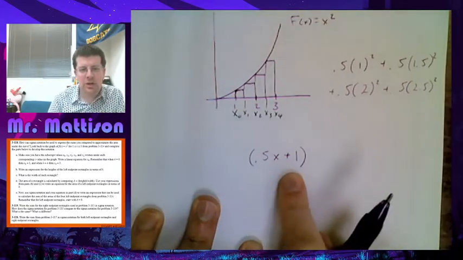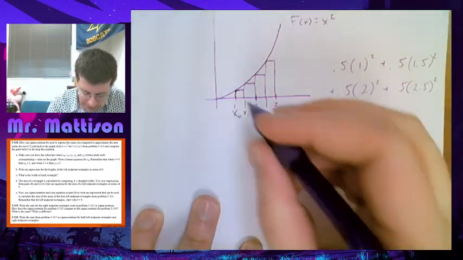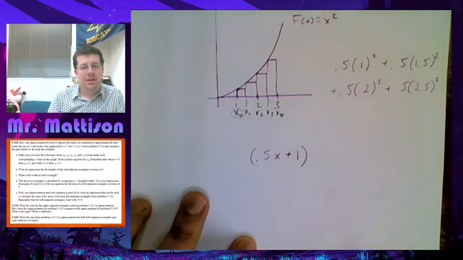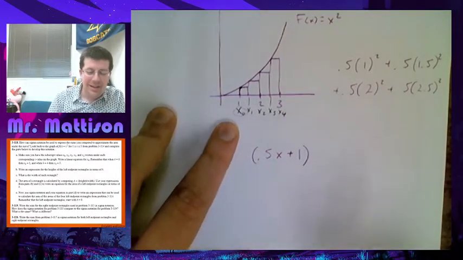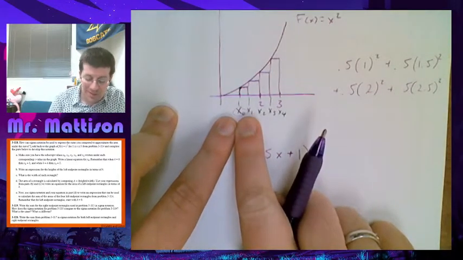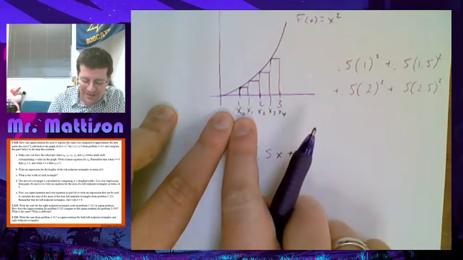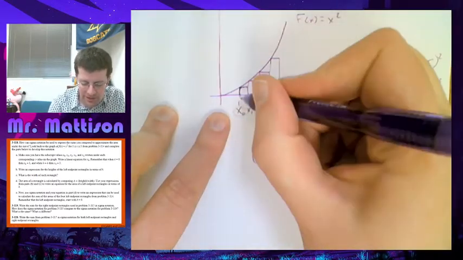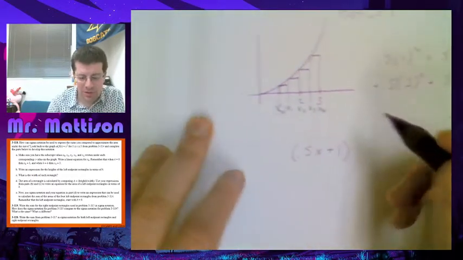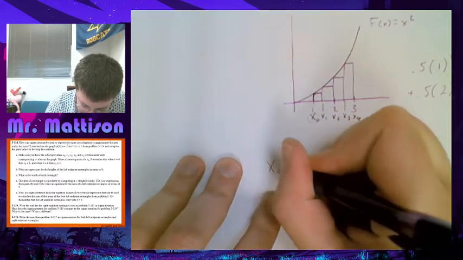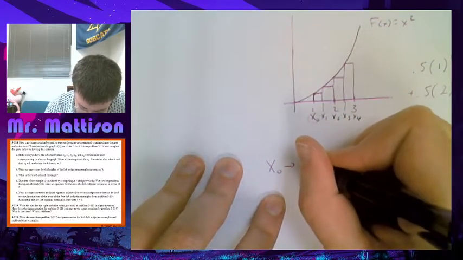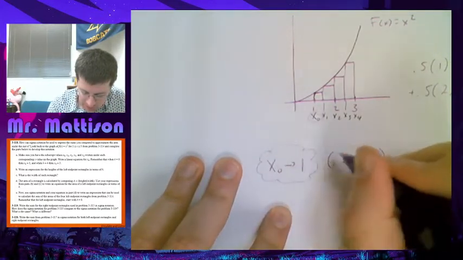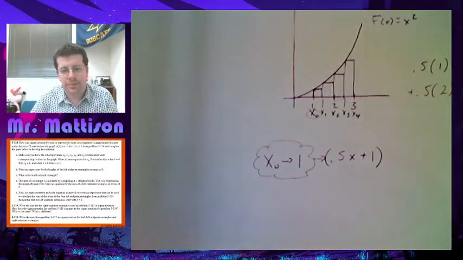This little equation gets me from my summation to my subscript notation of x sub 0, x sub 1, x sub 2. It gives me the actual x value, taking me from x naught to 1 and so forth.